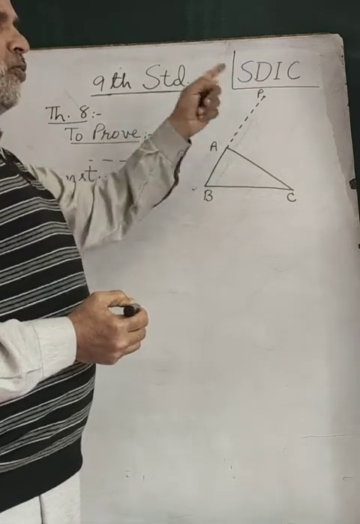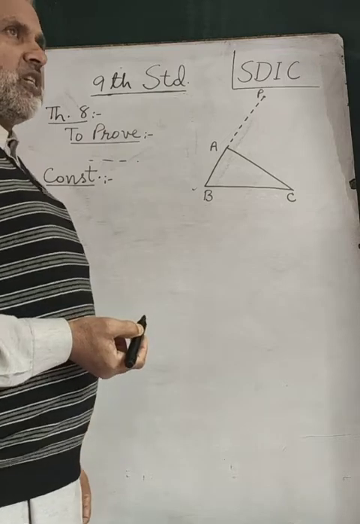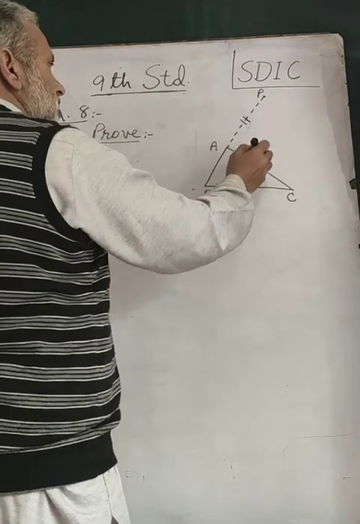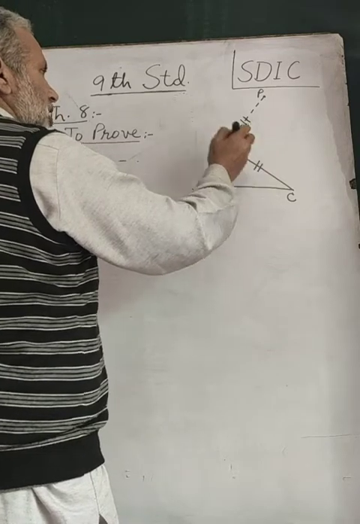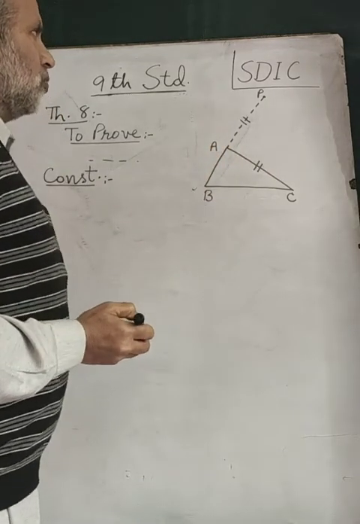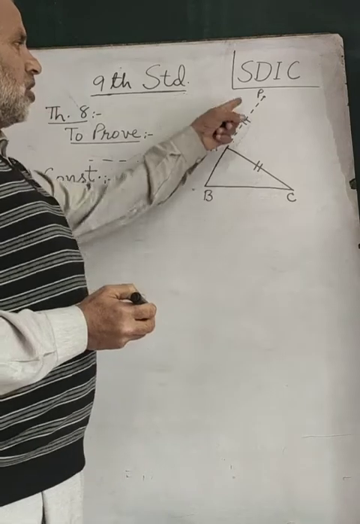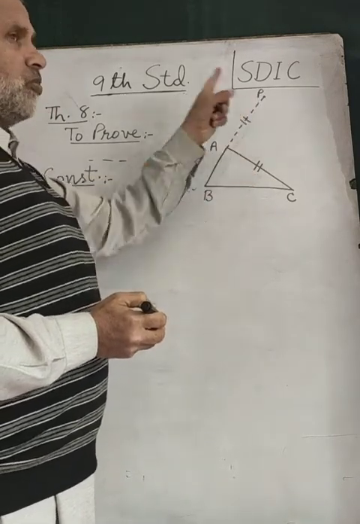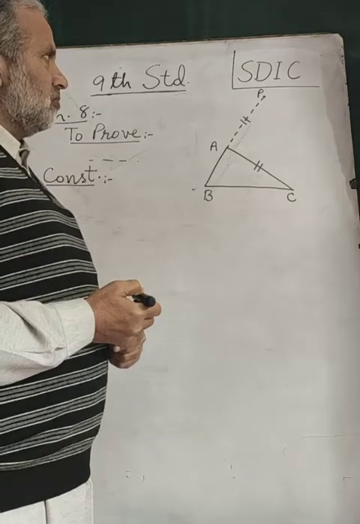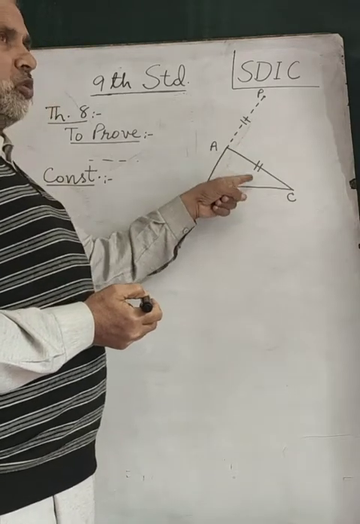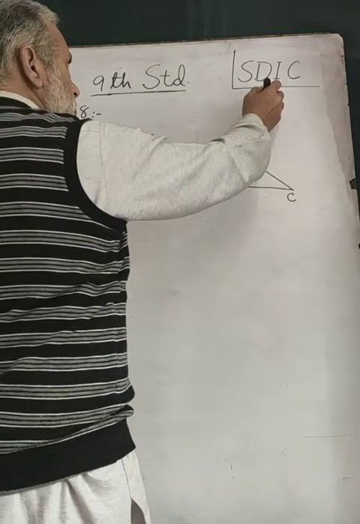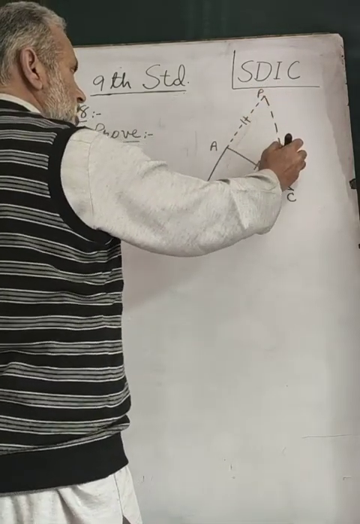Now to point P you have to produce. Why should it be that P? You have to make sure that this AP is equal to AC. While you produce BA to P, you have to make sure that AP is equal to AC. If AC is 5 centimeter, this AP also should be 5 centimeter. So I have put two short lines on both of these to show these are equal. And then you have to join P to C also. This is the construction.